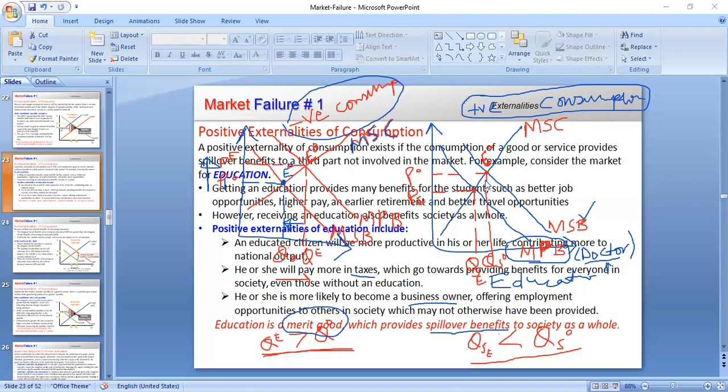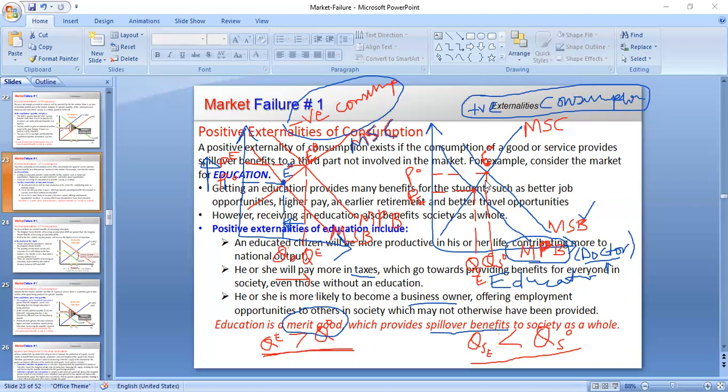So you pay your tuition, you become a productive citizen. At the end of the day, you'll be contributing taxes to the government. These taxes are used for different services. The taxes can be used to construct roads. The taxes can be used to provide medicine in the hospitals.